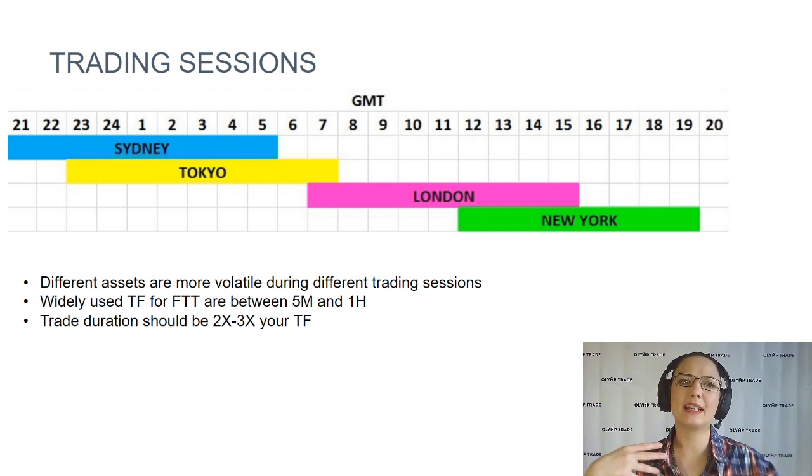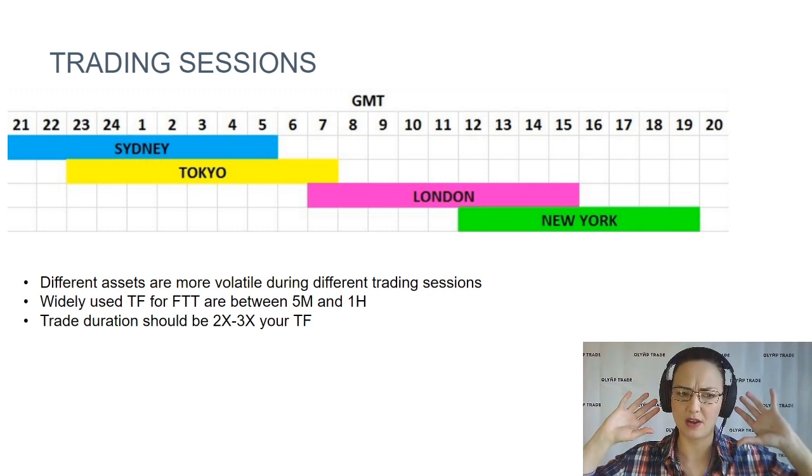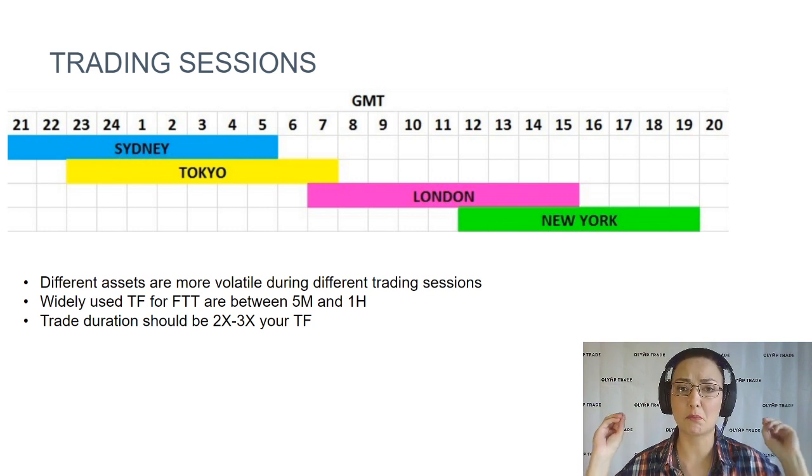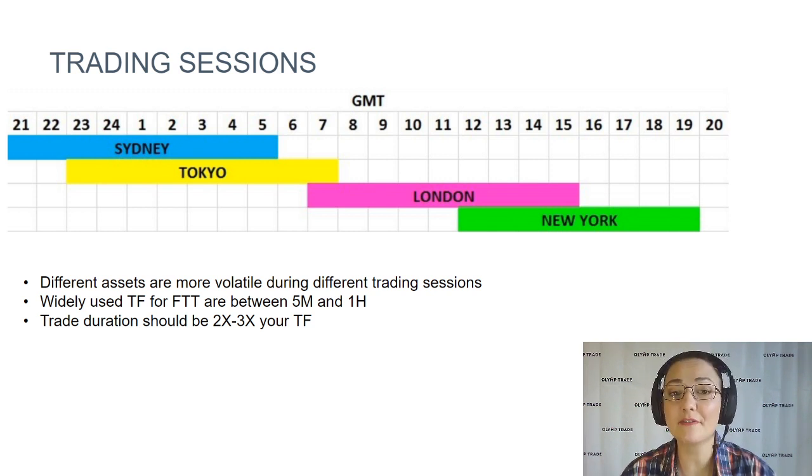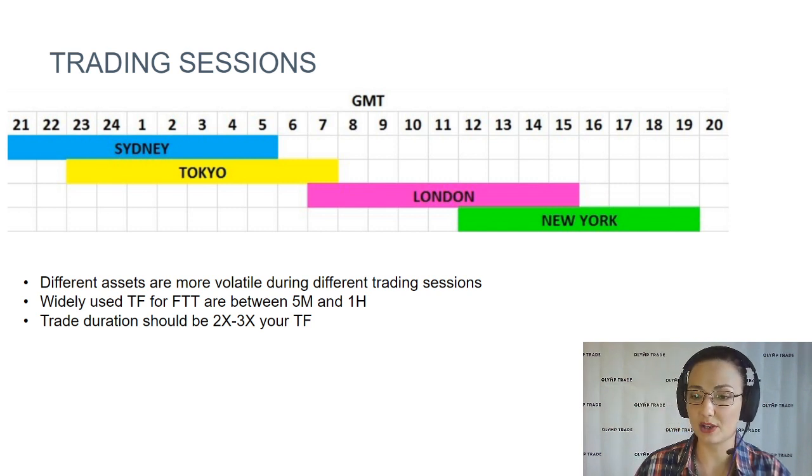It's just that with a 1 minute time frame, you have a lot of information, there's a lot of market noise, and very fast reactions are necessary. So really not for beginner traders. I would recommend starting with 5 minutes and up to 1 hour. And of course, don't forget that your trade duration should be 2 or 3 times the time frame that you are looking at.